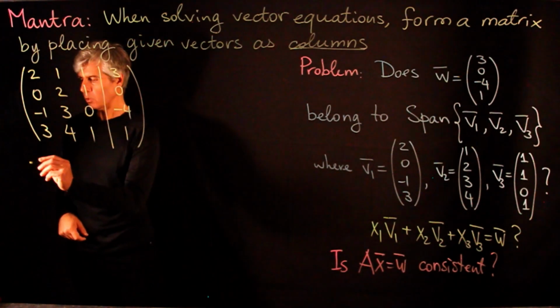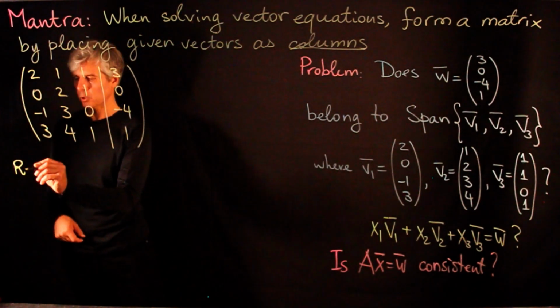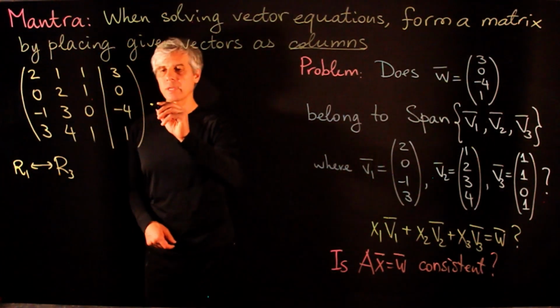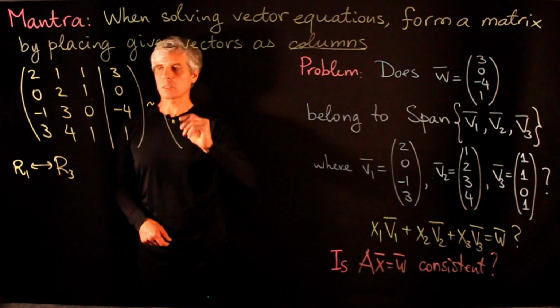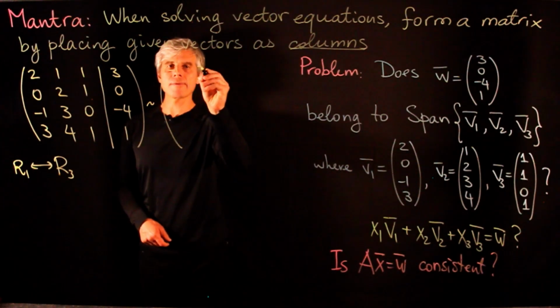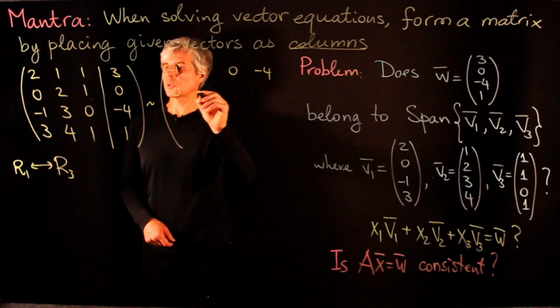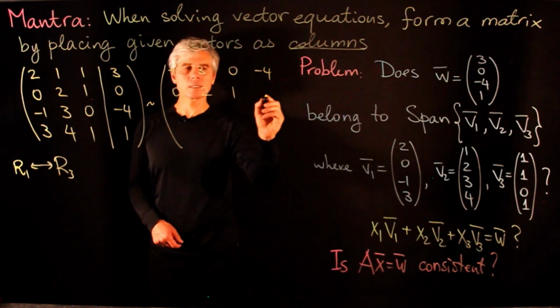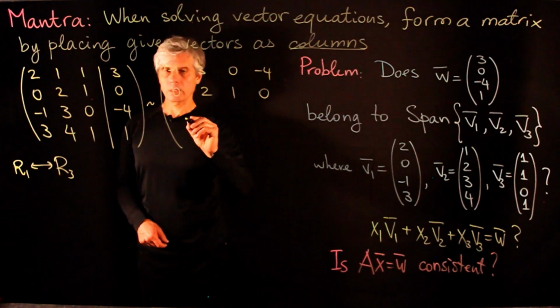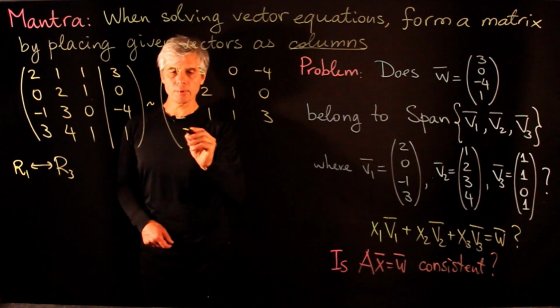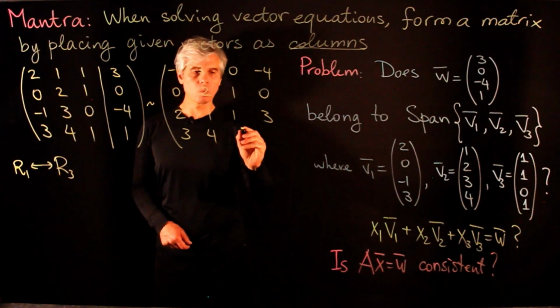So I'm going to swap row 1 with row 3. Then the new matrix is going to be -1, 3, 0, negative 4, 0, 2, 1, 0, 2, 1, 1, 3, 3, 4, 1, 1.